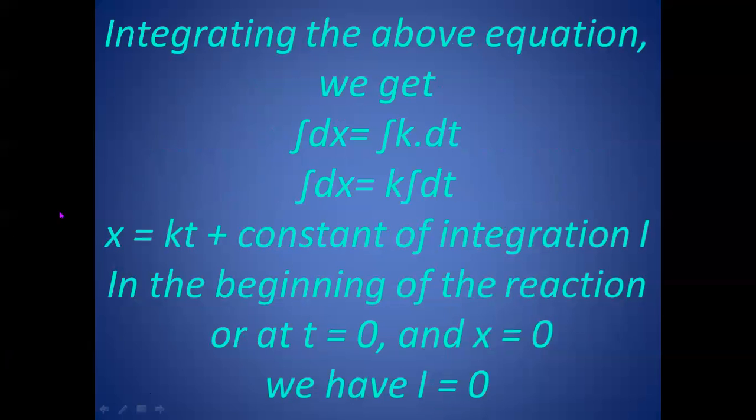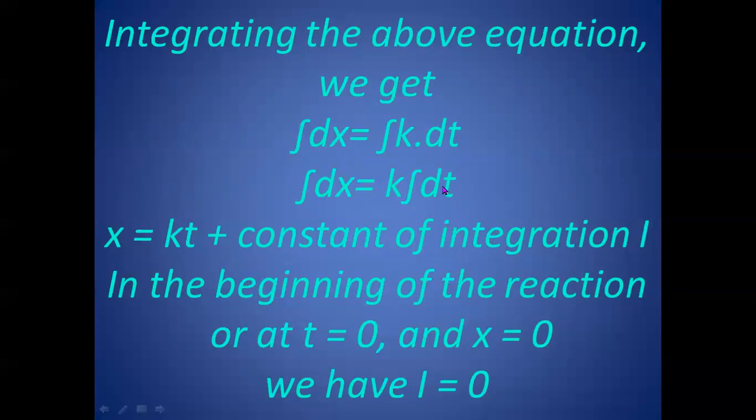Now integrating the above equation, this is the symbol for integration. Here that equation will become integral of dx equal to k into integral of dt. Because k is constant, we can write it outside, and integration is only for t or time.